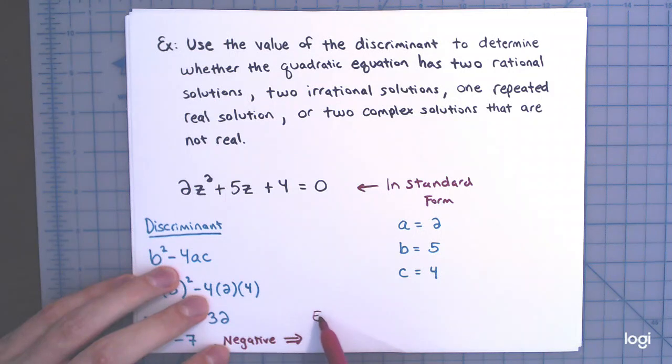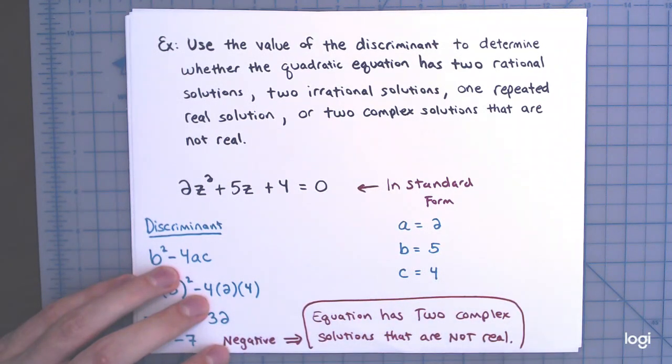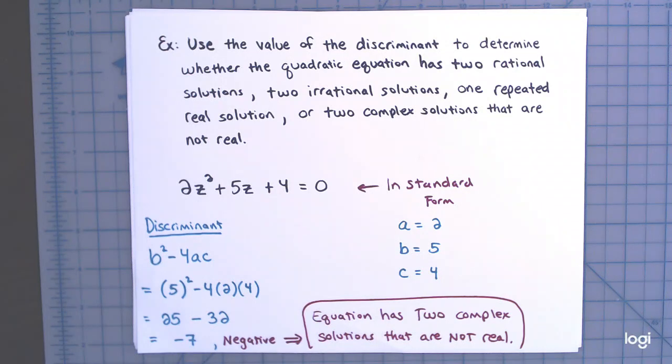So the equation has two complex solutions that are not real. And there we go. And that's all I am asked to do.